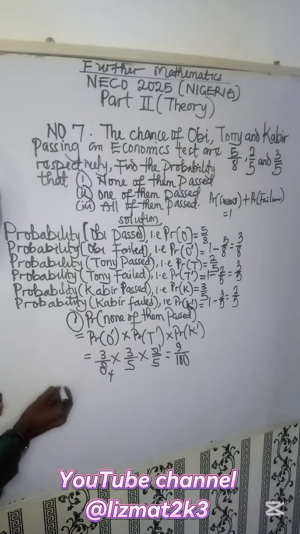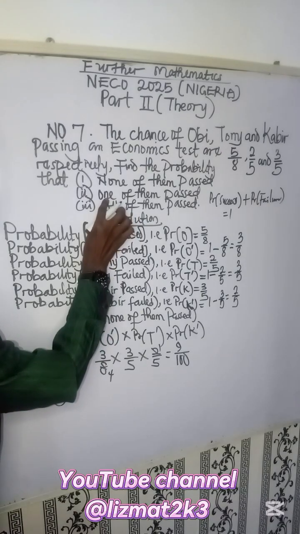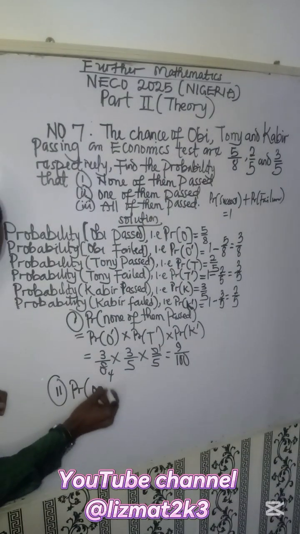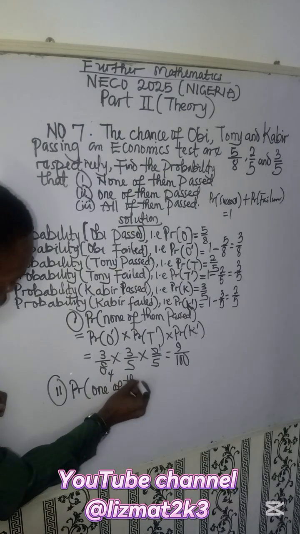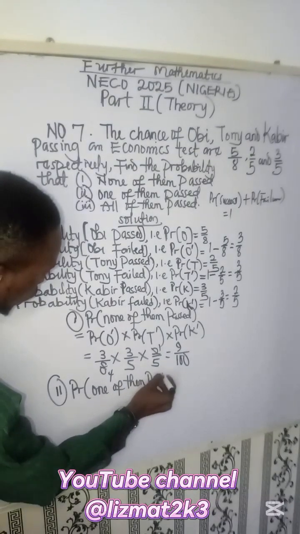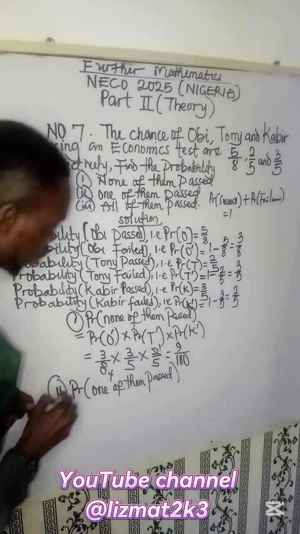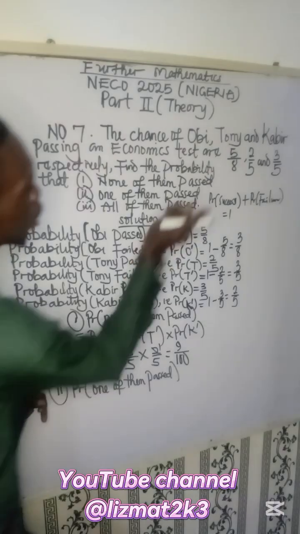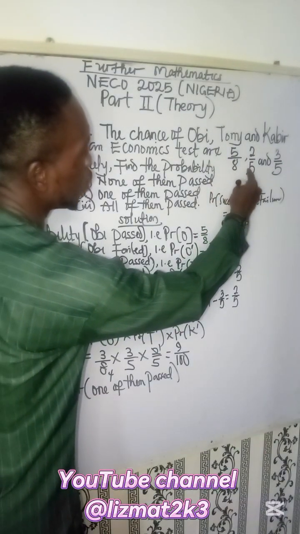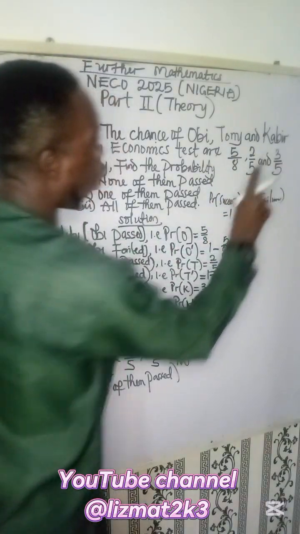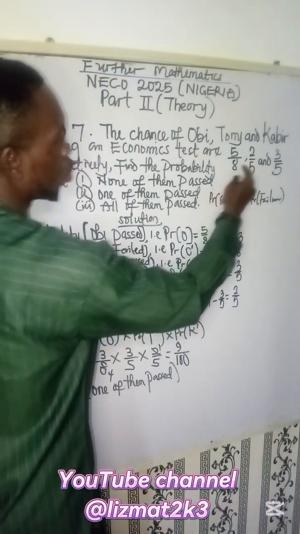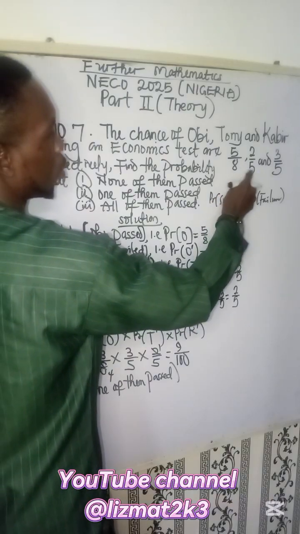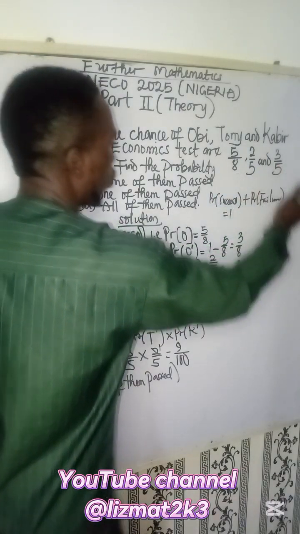For question number 2, find the probability that one of them passed. In this case, the probability that one of them passes means that Obi passes, Tony fails, Kebir fails, or Obi fails, Tony passes, Kebir fails, or Tony fails, Obi fails, and only Kebir passes.